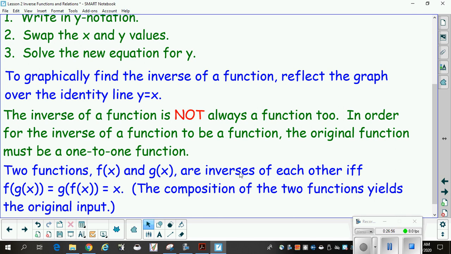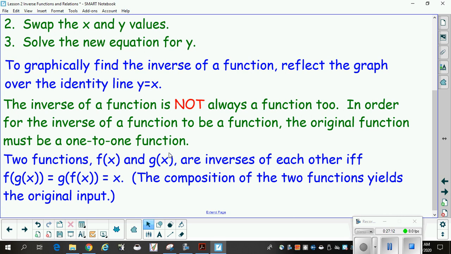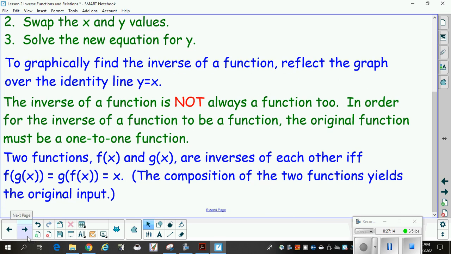The composition of the two functions yields the original input. When you are asked that question, compose the two functions, one into the other and the other into the one. If they're both equal to x, boom, they're inverses. If not, they are not. And that's it.